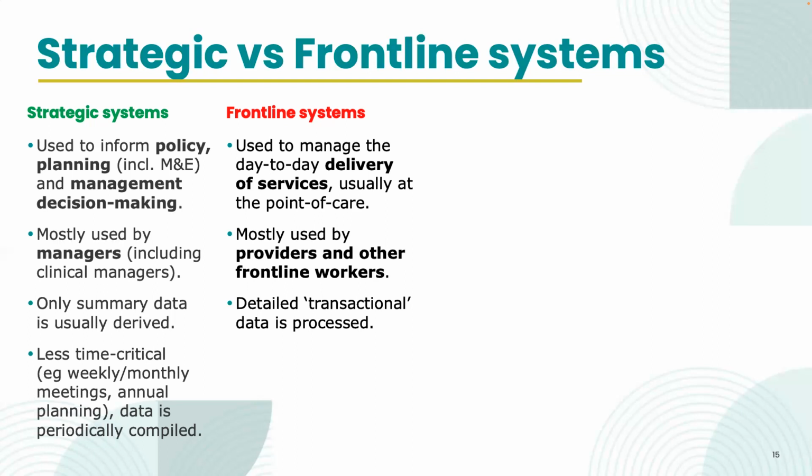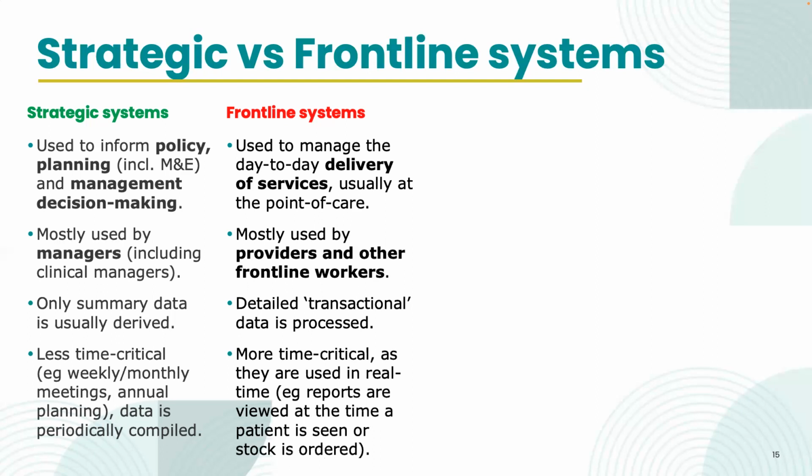For management decision-making, it's often fine if we get sent the data every week or every month in time for key decision-making meetings or planning. Whereas for frontline systems, we normally need the data in real time at the point we're making the decisions. So if a nurse is treating a patient, they need to have access to the system while they're with that patient in order to see their history. If a manager's ordering stock, they need to know today's stock situation in order to be able to place an accurate order.